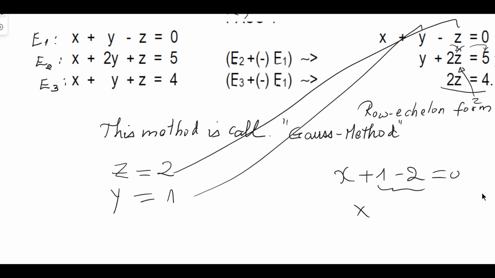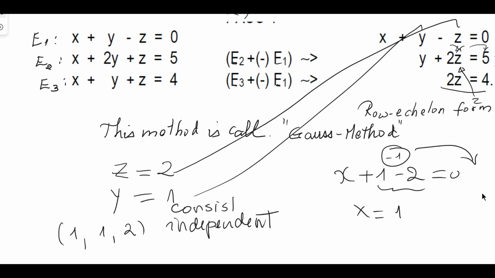Now, x equals, this is minus 1 here, and passing over there it becomes plus 1. And then you had only one answer. x is 1, y is 1, and c is 2. This is one answer. Exactly. The system is independent and consistent because it has a solution, but independent, just one solution.